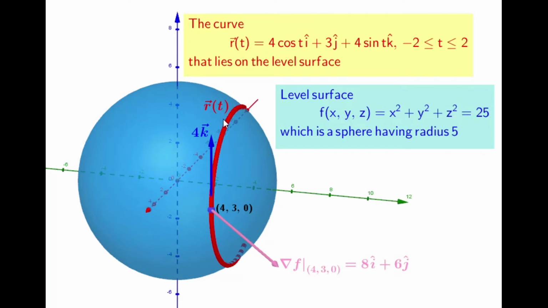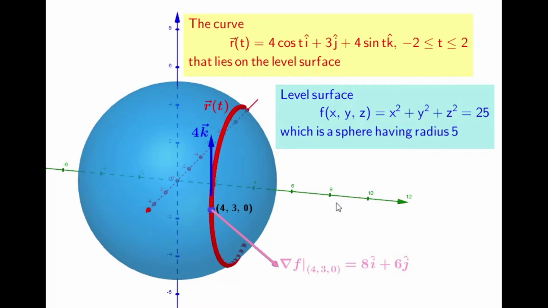That is, this red curve is the graph of the vector valued function r of t, where t varies over the interval -2 to 2. We consider a point (4, 3, 0) on this curve, and this (4, 3, 0) is a point on the level surface also.